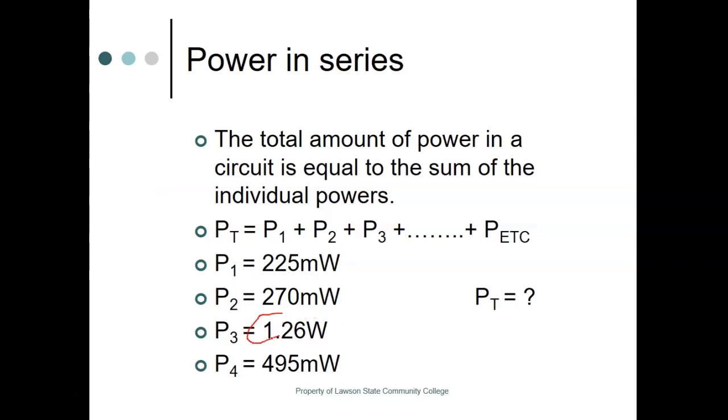I'm sorry that's such a really bad circle. That right there is not milli. That is watts. That is 1.26 watts, not milliwatts. It goes back to making sure what notation you're in and what you're doing with it.